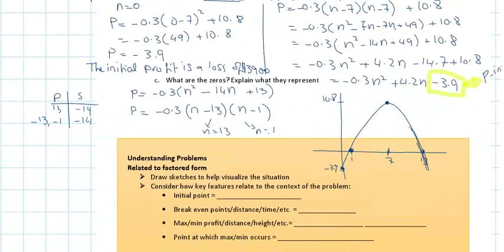Or they're going to ask you, what is your break even? Or when is the ball going to hit the ground, okay? Or they're going to ask you, what is your optimal? So basically, altogether, you're going to have to understand what these words mean when you're solving the question.